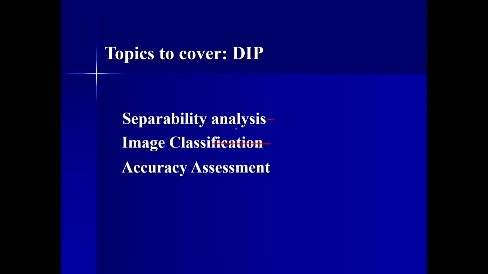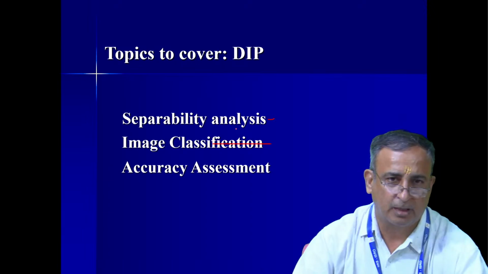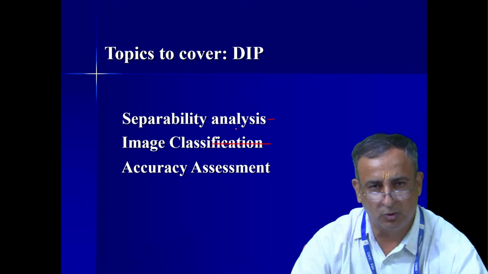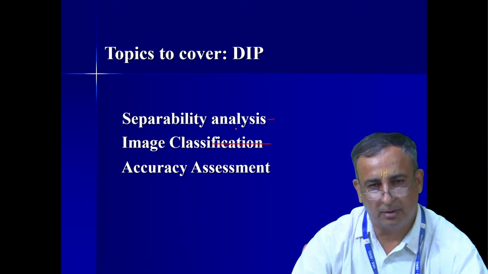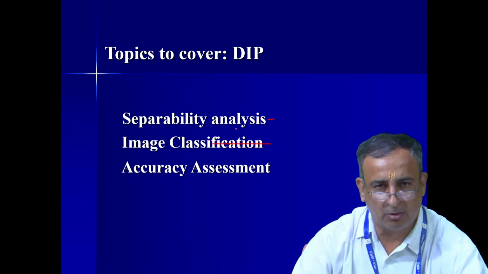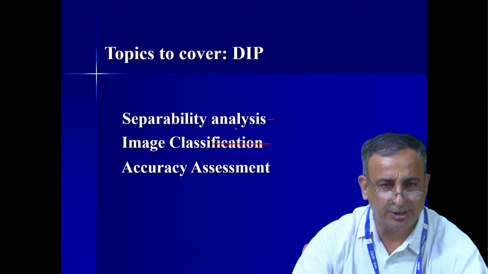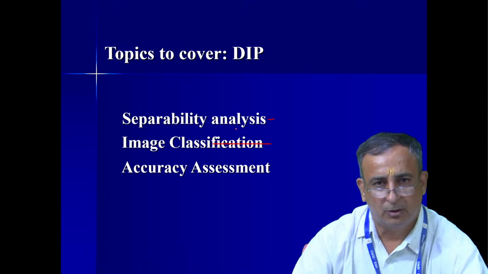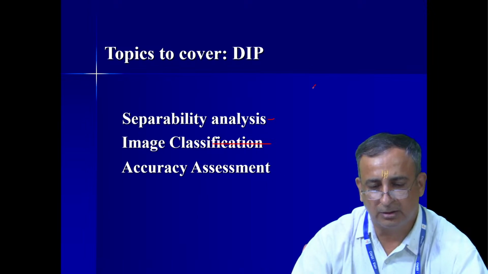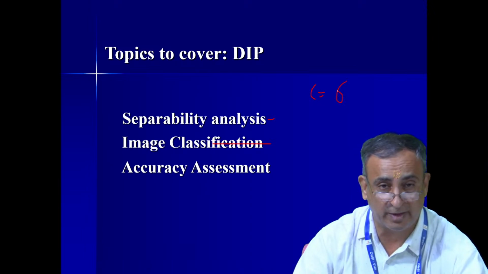If you think about a multispectral image, there can be 4 to 10 or 12 spectral bands, and if you talk about a hyperspectral image, you may have a large number of, 100 or 200, contiguous bands. So when the bands are more, and you are extracting, suppose C is equal to the number of classes, suppose 6, from a given image, and if your processing machine is not very high, it may take a lot of time if the image size is also very big.